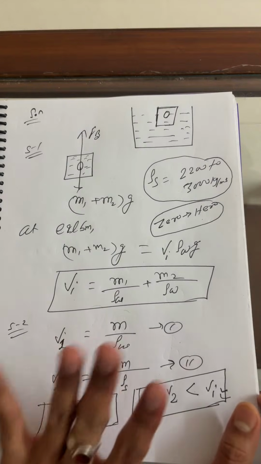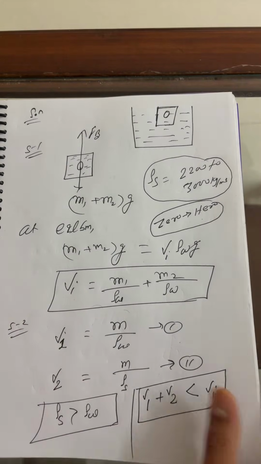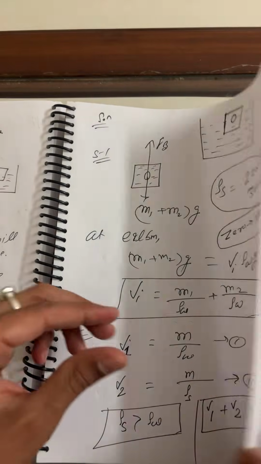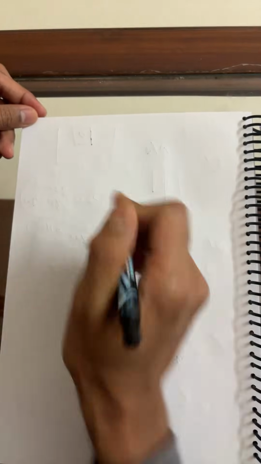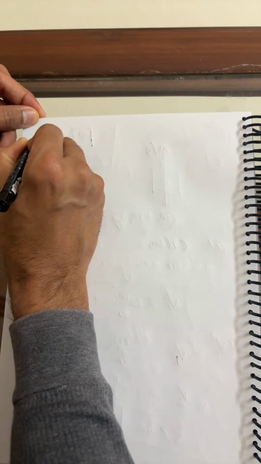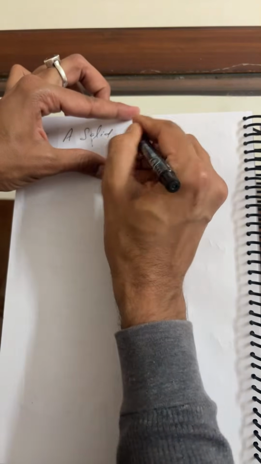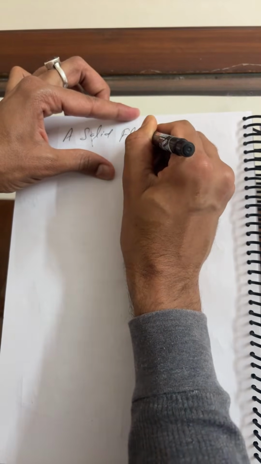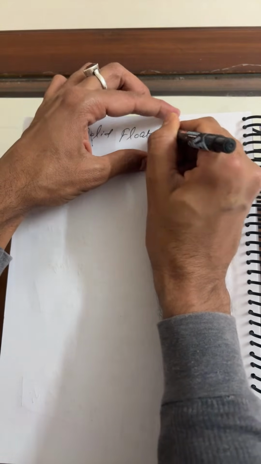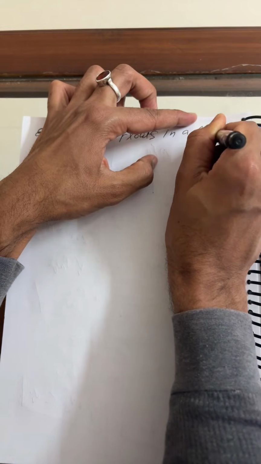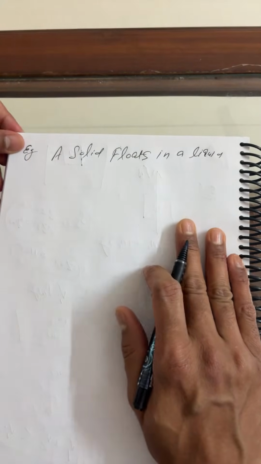Arabits, some discussion question Jay already asked. Next question here. Note the questions, I'm telling you. A solid floats in a liquid of different material.